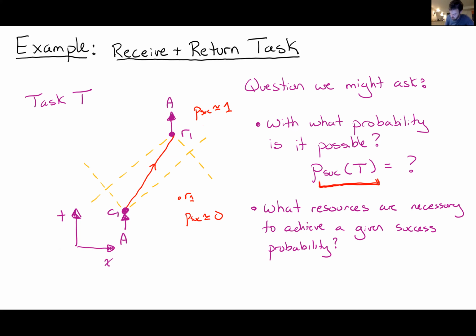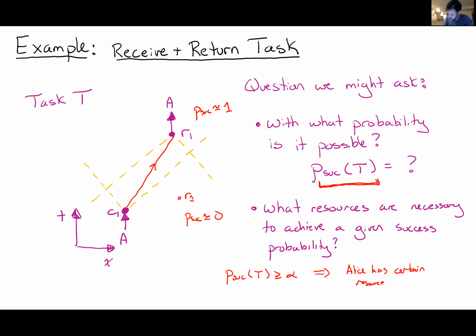And then the second thing we can do, we can ask a different kind of question, maybe a bit more refined, which is: if we assume the success probability has some lower bound, in some cases we'll be able to argue, or prove, that Alice has certain resources.